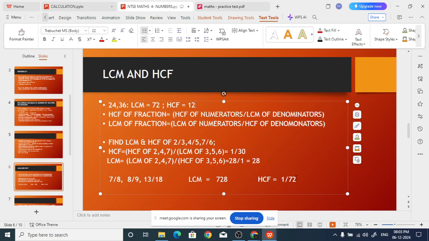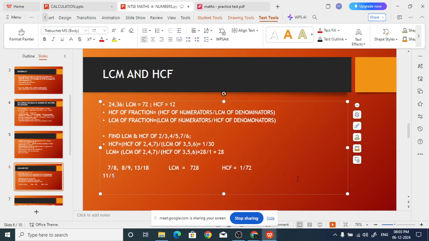Suppose it's like this. I'm going to give you one problem. See, 11 by 13, 13 by 15, 15 by 17. So, what is the LCM? Options are given.